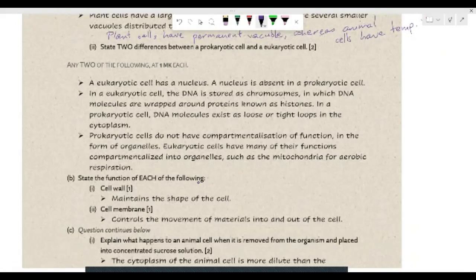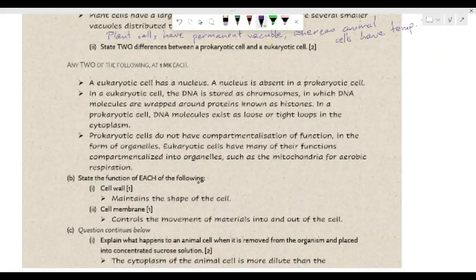Most of them are bacteria. Eukaryotic cells are basically your animal and your plant cells. All right. So that's a big way to tell the difference between them at this level, okay? So any two of them, and of course 1 mark each.